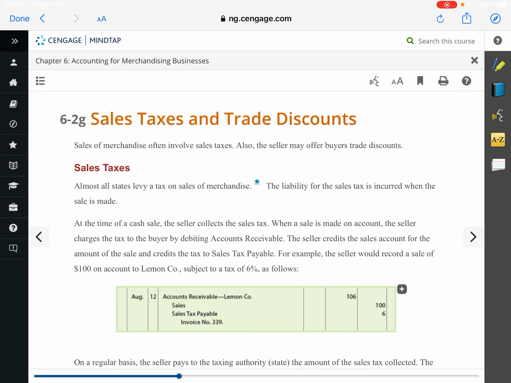The amount of merchandise we purchased with the 1% discount is 58,014.